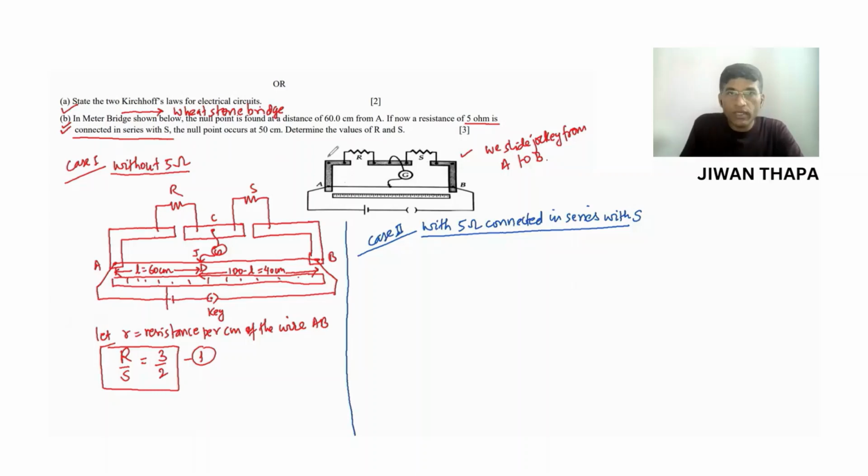Now I'm redrawing this circuit, okay, with 5 ohm in series with S. We have the same meter bridge, okay.